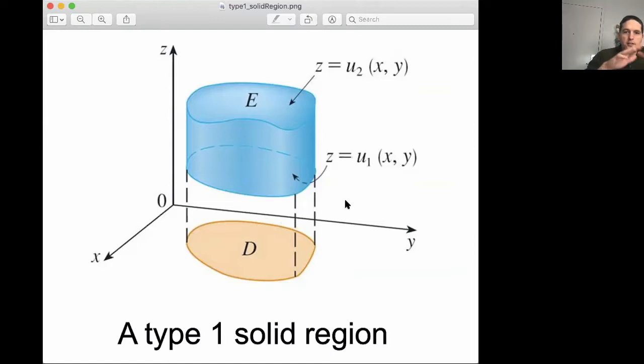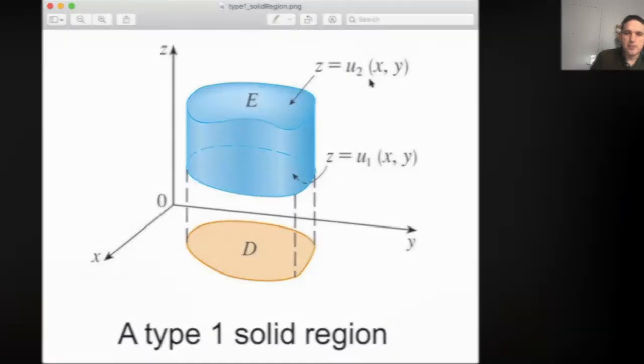The lower surface of E is the graph of this function u1, and the upper surface of E is the graph of this function u2. This type 1 solid E can be described as follows. E consists of all points x, y, z such that the point x comma y belongs to D, and z is in between u1 of x,y and u2 of x,y.